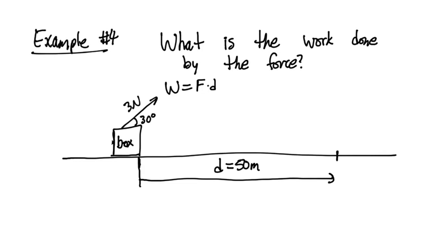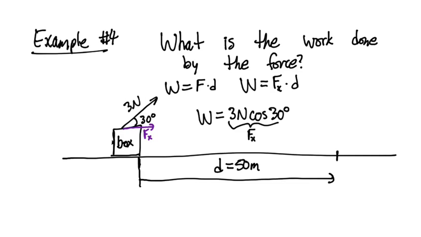A fourth example, let's say that part of the force vector is pointing in the direction of the motion. So really what we want is the x component, Fx, and we know that Fx, from the back of the reference tables, is calculated using the magnitude of the vector multiplied by the cosine of the angle.